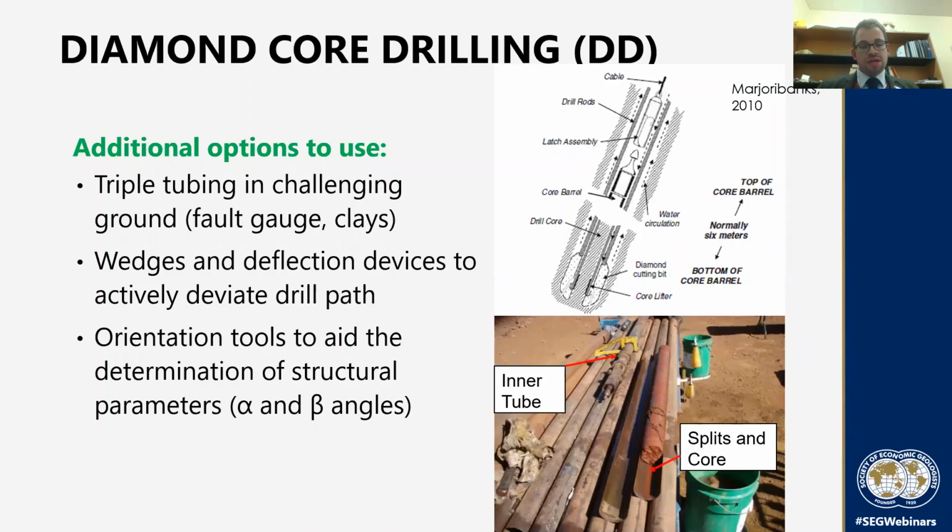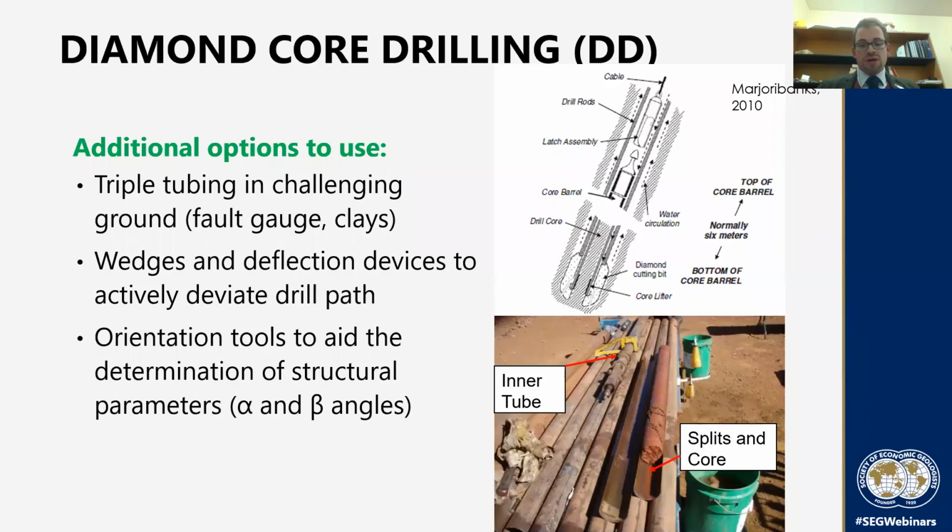So it's usually encouraged to employ triple tubing when you know you're going to hit problematic or challenging ground conditions. In diamond drilling, you can also use wedges and deflection devices, and that's quite a specific application if you do directional drilling, but it's not unheard of in the mining industry. That will help you to deflect your drilling path into a specific orientation.